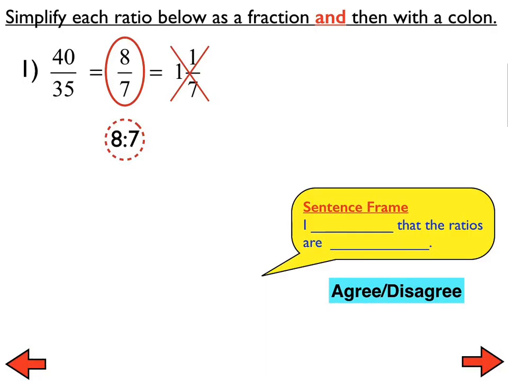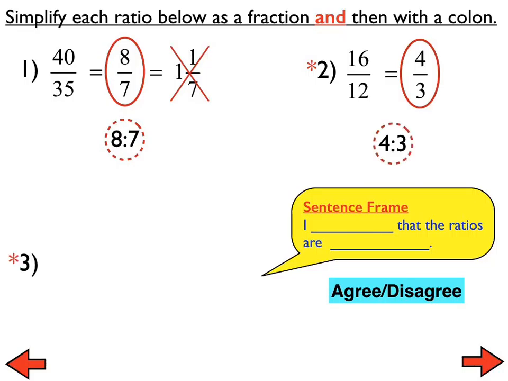Go ahead and finish number 2 through 7. Number 2, using the sentence frame. Okay, reduce it one more time. Divide by 2 again. 4/3 and 4:3. Number 3, Sean?